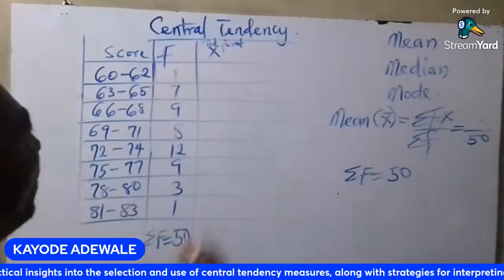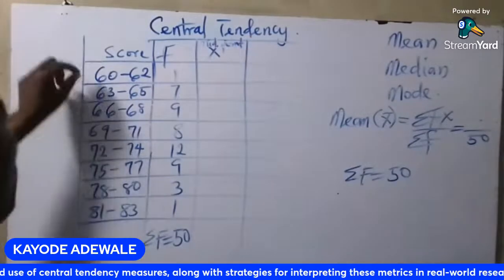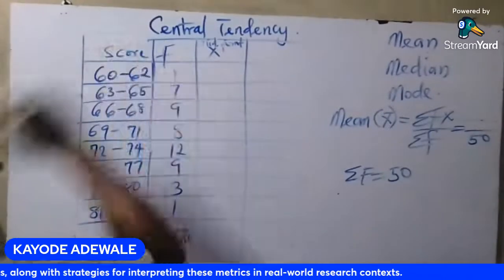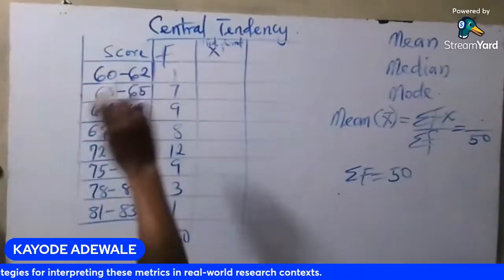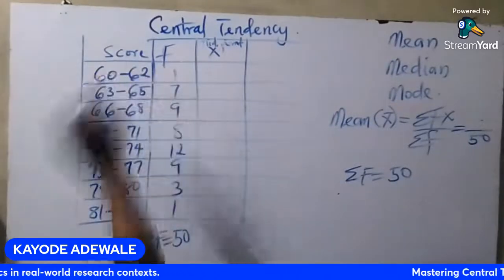Midpoint, if you have watched our past video, simply means the addition of the lower class boundary and the upper class boundary, then divide it by 2. That is the average of this. So we are going to add this and this together.